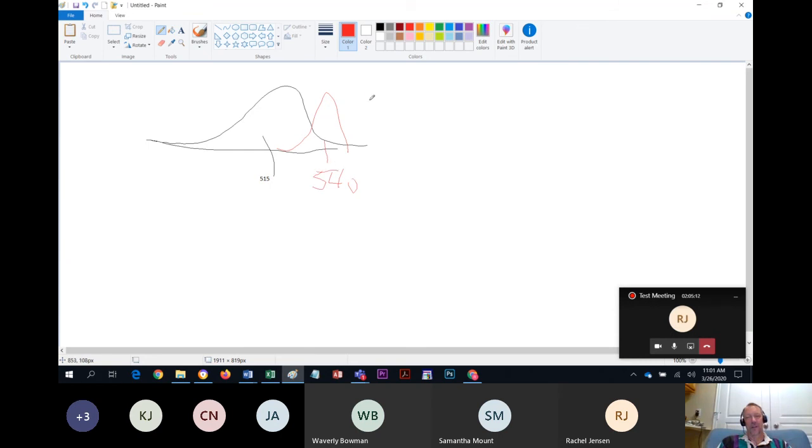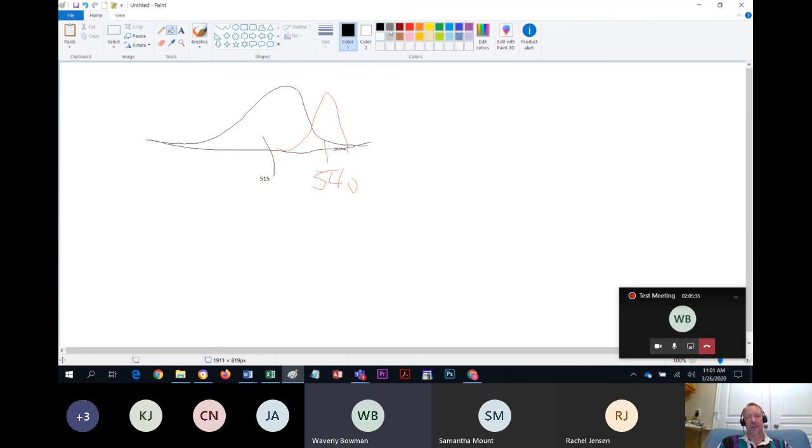So the question is, do I want to shade the area to the left, this area here, or to the right, this area here? Isn't it to the right because the psychologist thinks that the test scores will be higher than the actual mean?